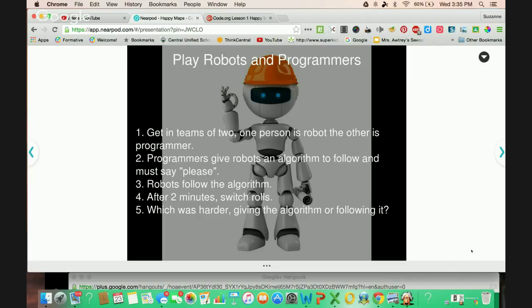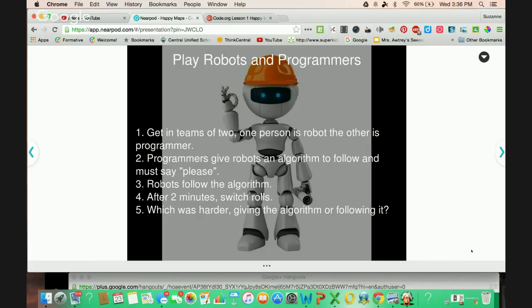And as long as the programmer has used the word please, the robot needs to follow the algorithm. Now you can get more complicated and say, first, walk forward 2 steps. Next, hop up and down 3 times, please. And that's even more fun.